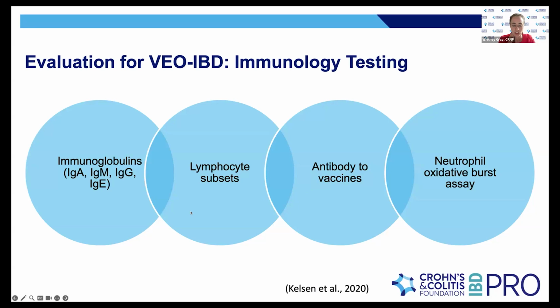First, doing immunology testing, looking for immunoglobulins, things that might signal a monogenic cause there like IgA deficiency, lymphocytic subsets, antibodies to the vaccines to see if that memory's developing, and then the neutrophil oxidative burst assay to look for chronic granulomatous disease.